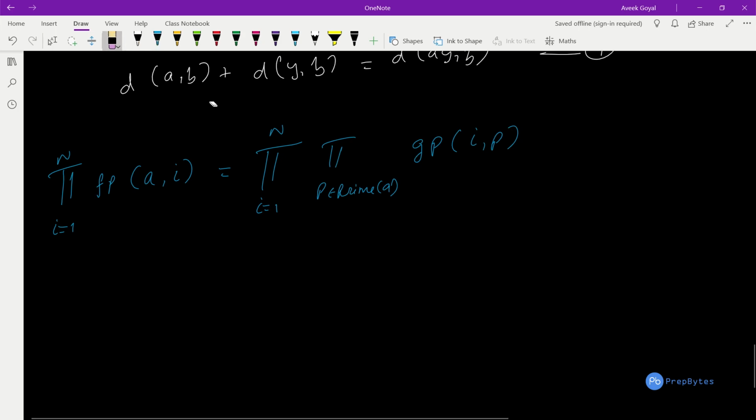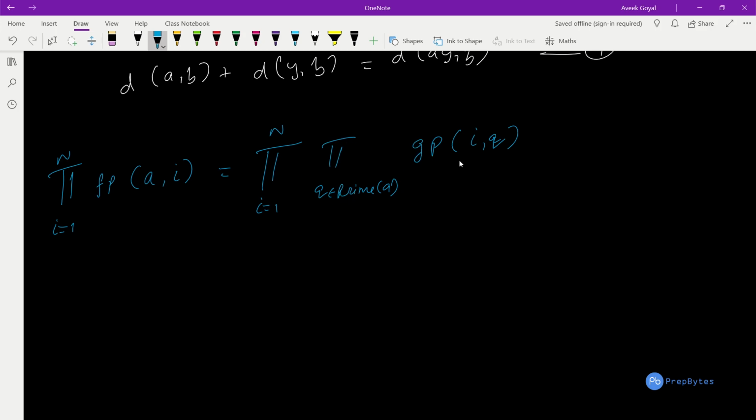Okay, so if we follow our convention, it is q in the question. So all q's present in g(i, q). Okay, so this is what the question is asking. This is the mathematical function the question is asking us to find. The product of all f' is the product of all gp for each q.